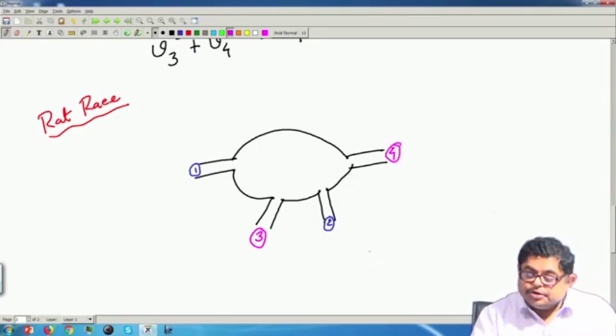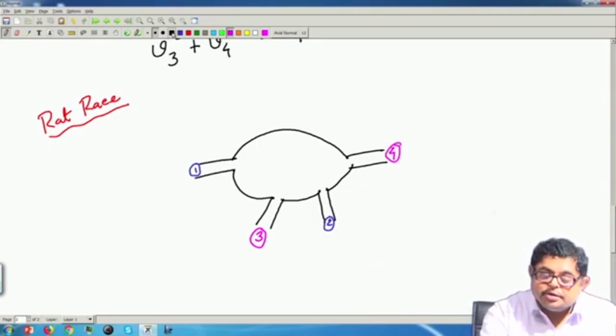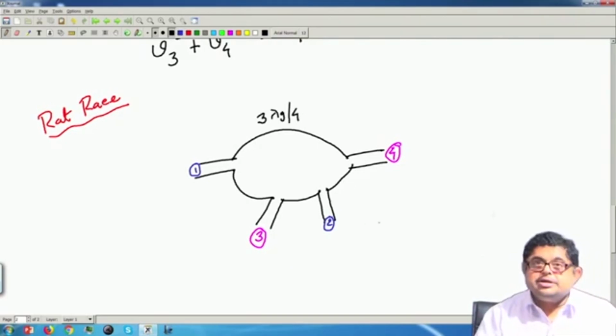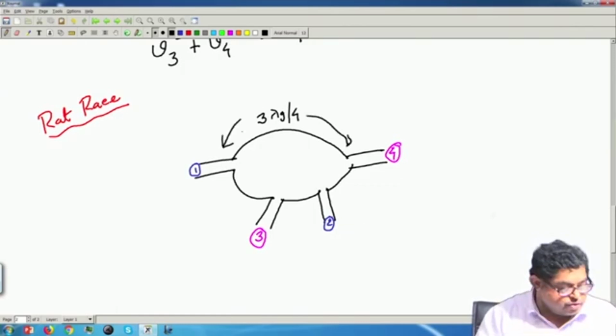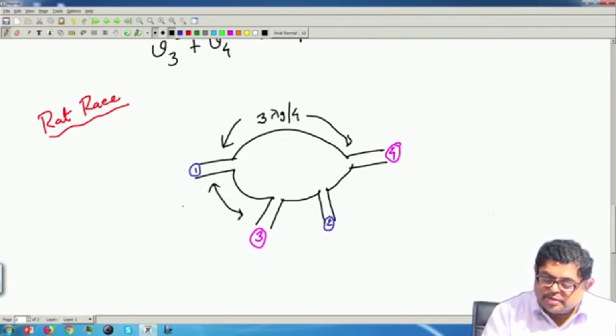Now, construction wise this distance is generally taken 3 lambda g by 4, lambda g is the guided wavelength. And these are all lambda g by 4.